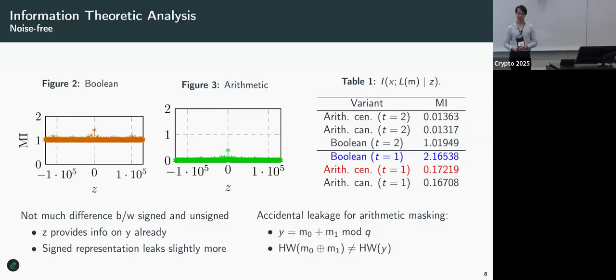But in the case of arithmetic masking, you have a value that is related to the secret, but not exactly the same. So it's interesting to note that in this case, the attacker will also learn a bit of information about the secret from accidental leakage in the case of arithmetic masking. But as in the case of second order leakage, Boolean masking still leaks more information, which is shown here.